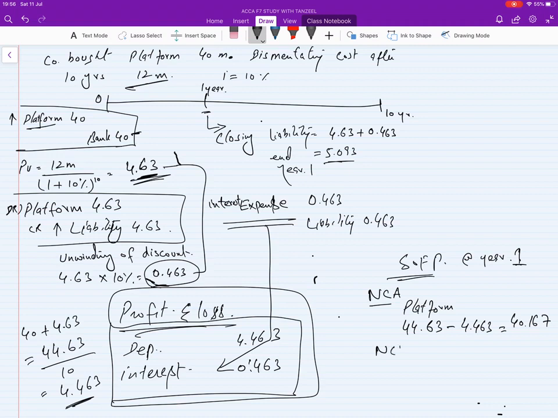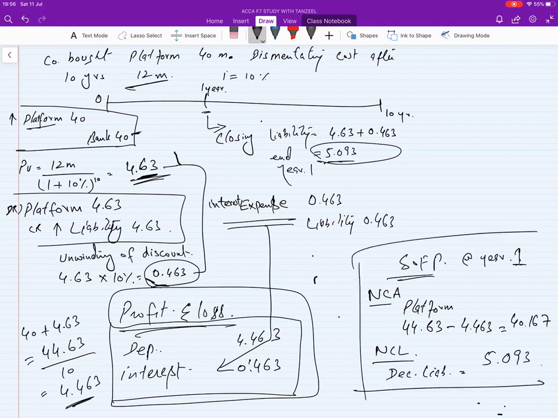And in non-current liabilities you will have the decommissioning liability. How much? 5.093. So this will go to SOFP and that will go to profit and loss.